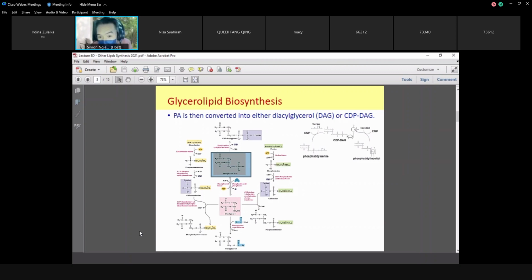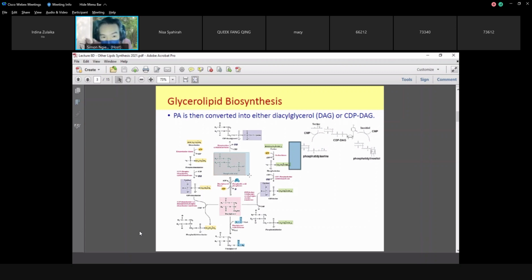As you can see, many different kinds of structures are being added. It could be a benzene ring, it could be a different complex phenolic group, to give rise to various kinds of compounds or structures. So the most important thing, the starting member, is your phosphatidic acid.